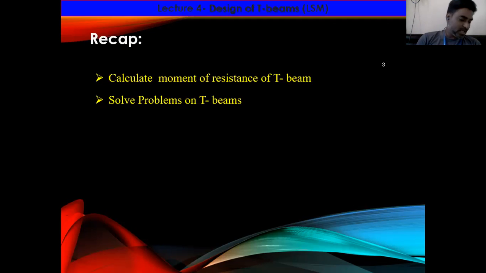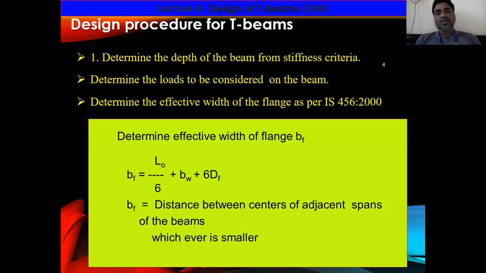Now, today we are going to discuss how to design a T-beam section, right? It is a little bit different from a singly reinforced beam. The first step, as usual, is quite similar to rectangular beams.